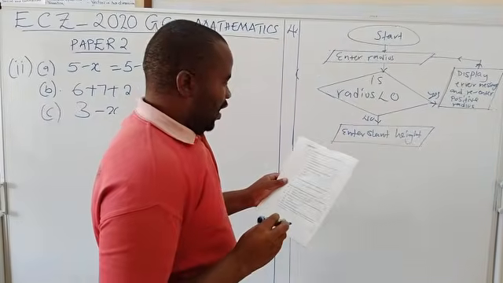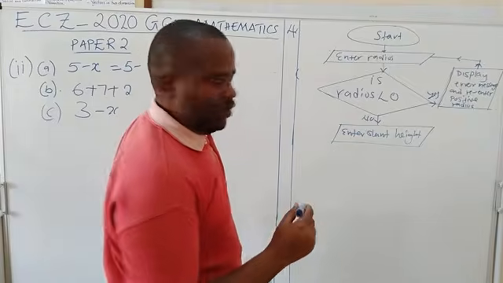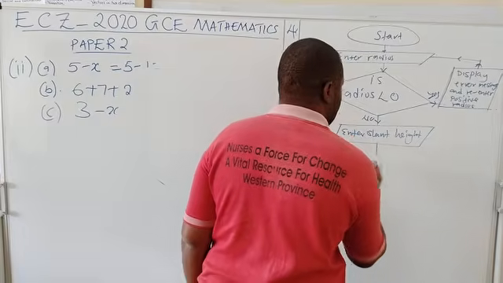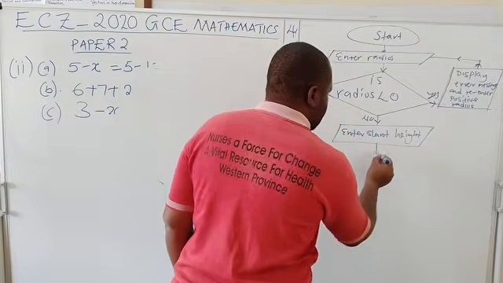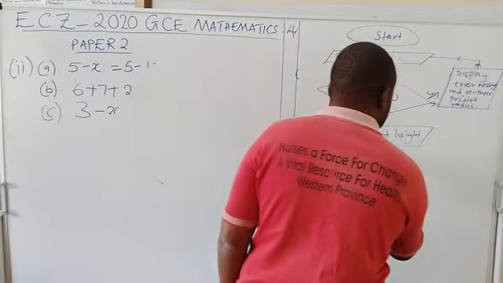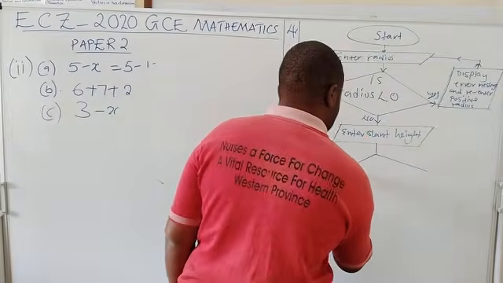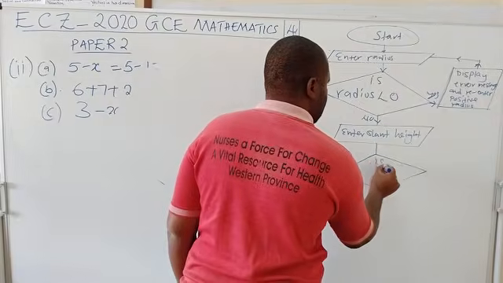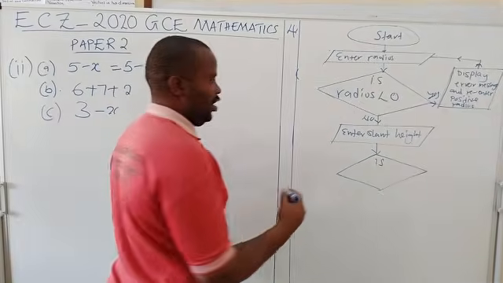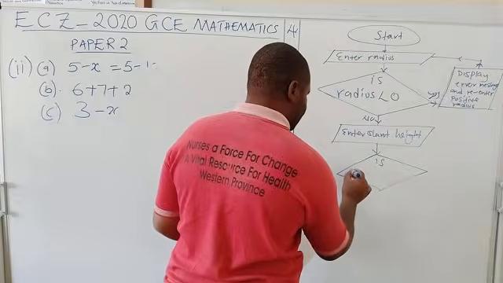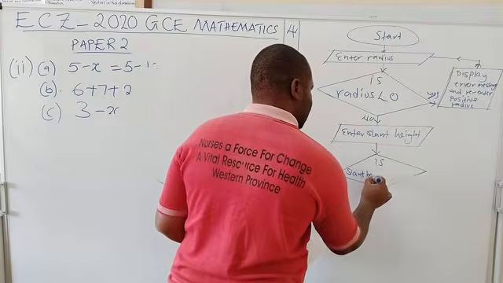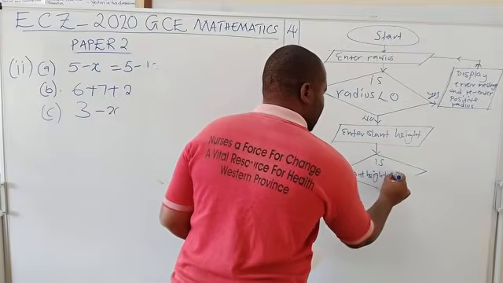Then, if slant height is less than 0, again there's a condition. So you bring down the diamond. Instead of if, you're going to say is slant height less than 0?